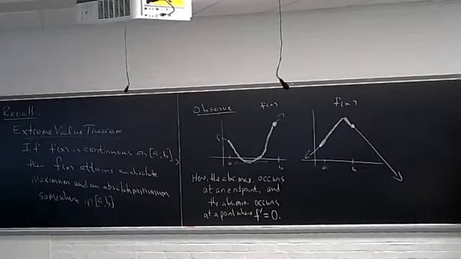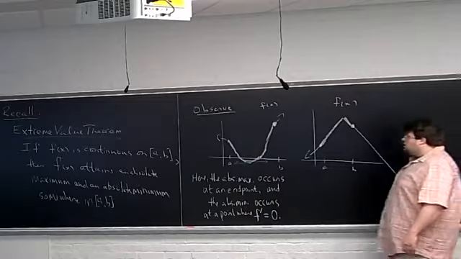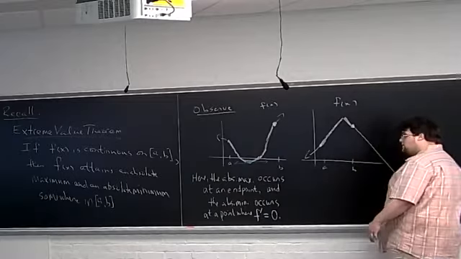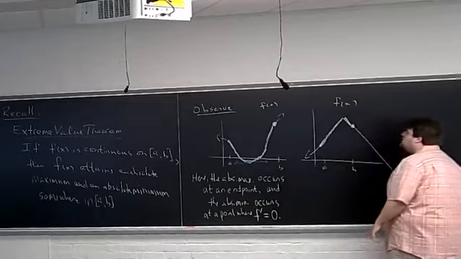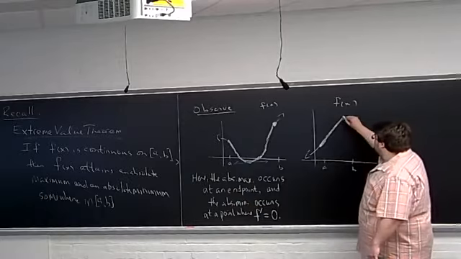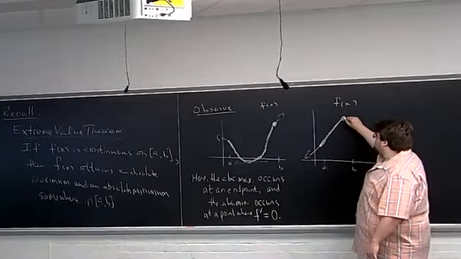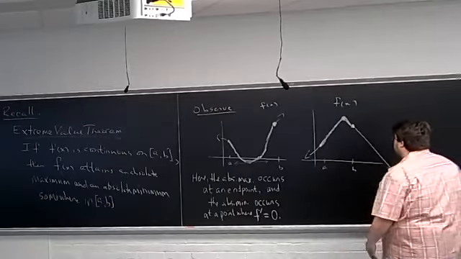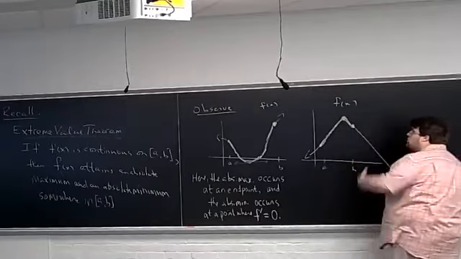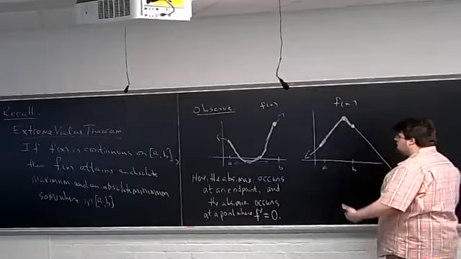Okay, now what about the second one? Let's start with the absolute maximum since that's how the sentence went. The absolute maximum here occurs up at this corner point. And remember from one of the lectures last week, if we have a corner point, then the derivative does not exist.